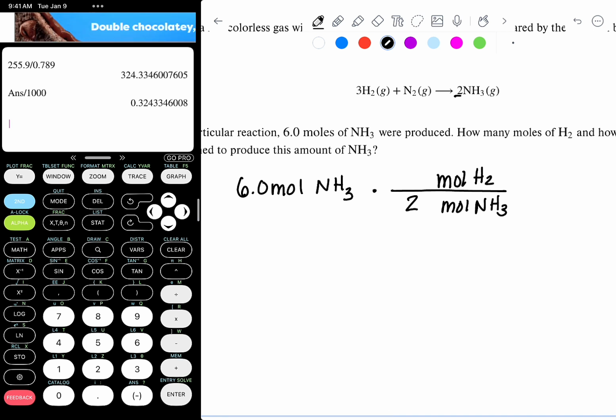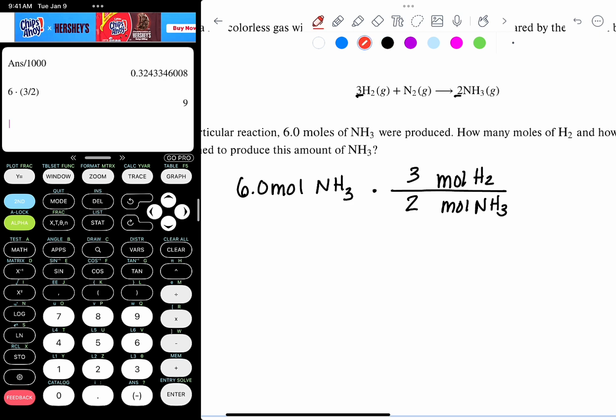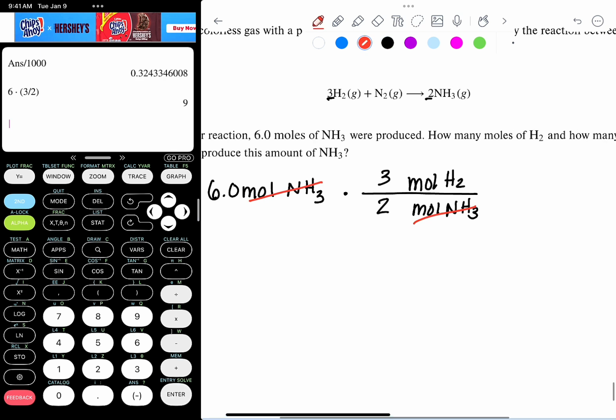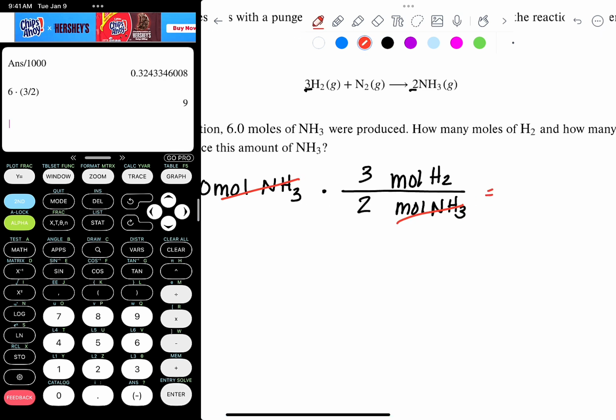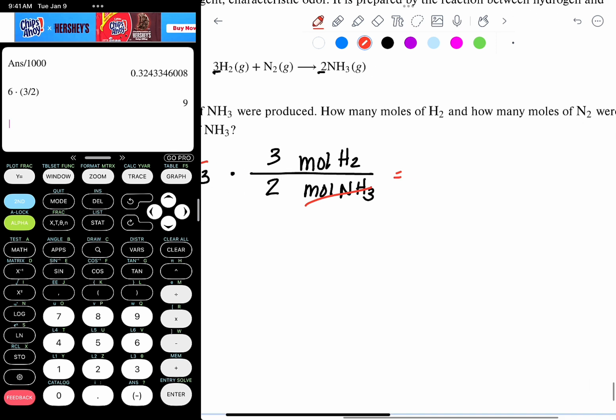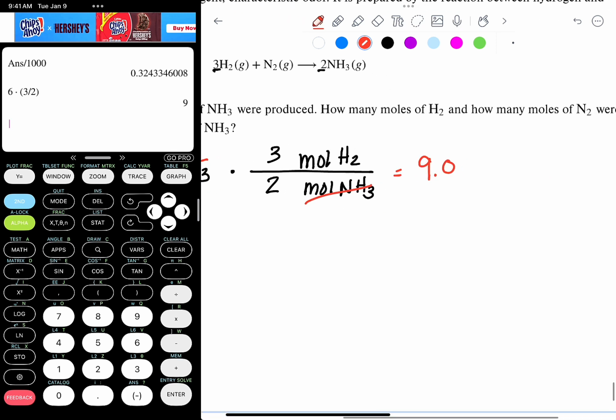NH3 has a coefficient of 2. H2 has a coefficient of 3, so we just take 6 and multiply it by that ratio of 3/2. Because that's canceling out moles of NH3, we're left with moles of H2, so we get a value of 9.0 moles of H2.